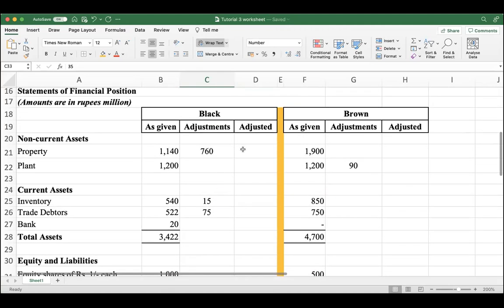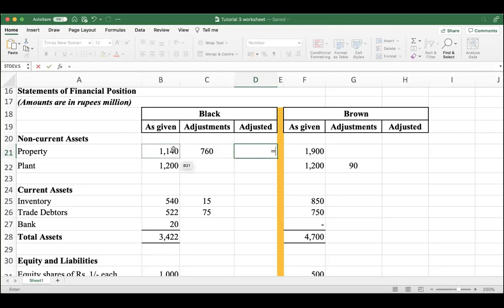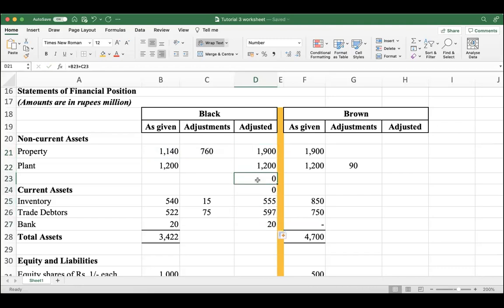Right. Now let's see the assets. Property value increases by 760. Plant value, there's no change. Inventory value increases by 15. Debtors value increases by 75.